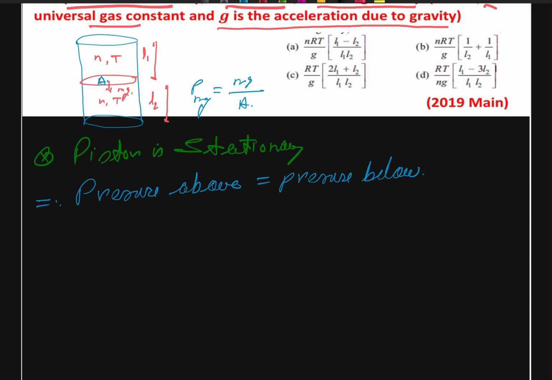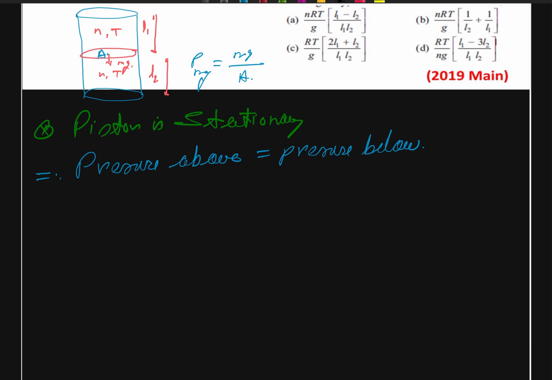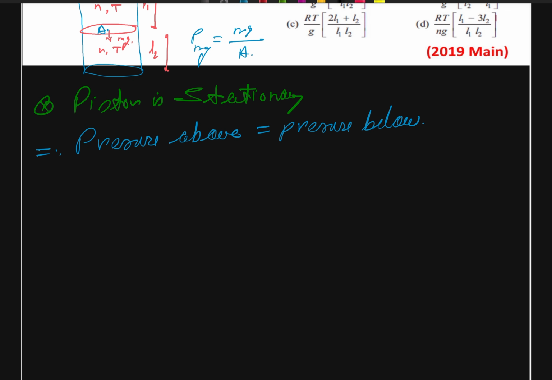And therefore we can write that our P1 should be equal to P2 plus mg upon A.